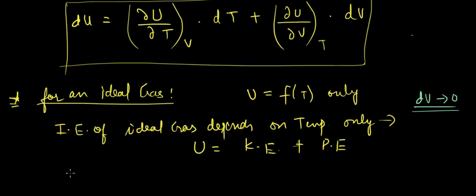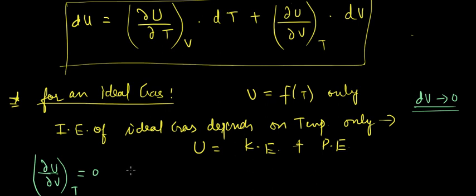So we can write that del u upon del V at constant temperature would be equal to 0.